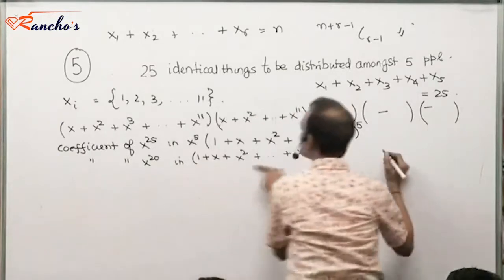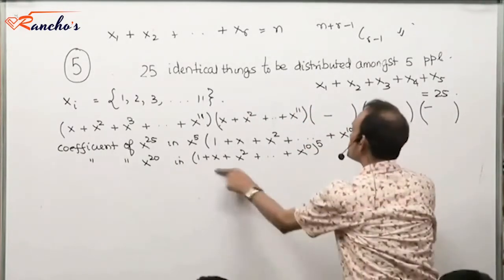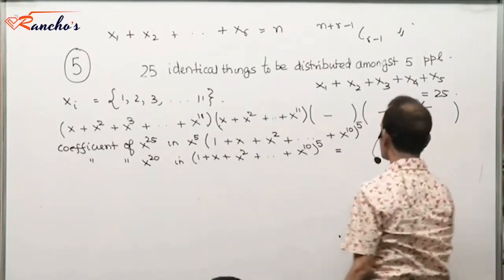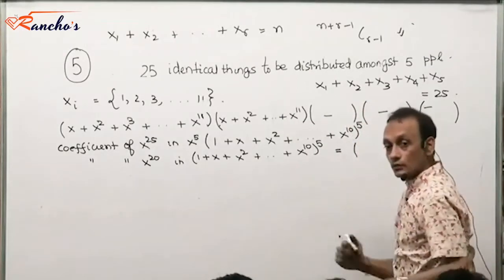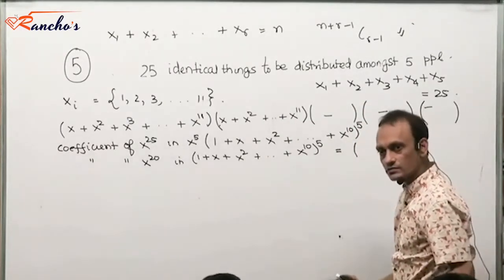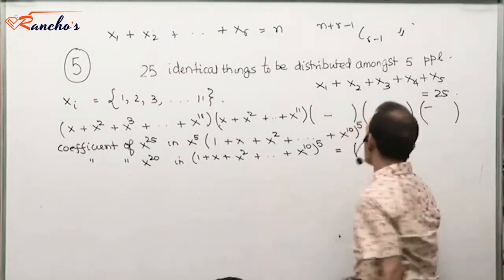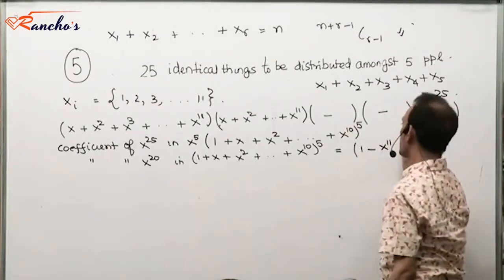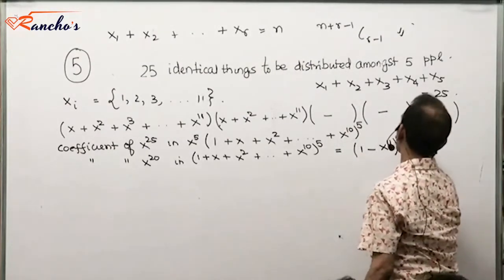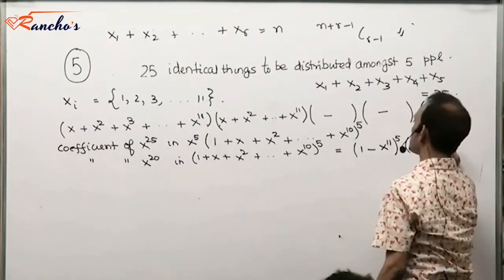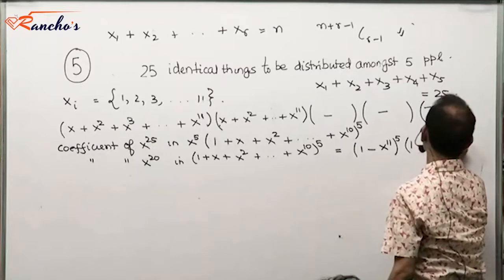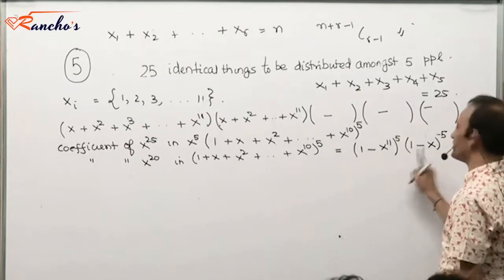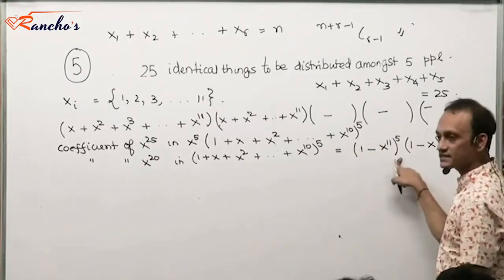This is a GP series of 11 terms, right? The sum is 1 minus r to power n by 1 minus r. R is x here, so it is 1 minus x to power 11 whole to power 5, times 1 minus x whole to power minus 5. Do you realize why so? Because this GP series is 1 minus x power 11 by 1 minus x, and that whole to power 5 is this.